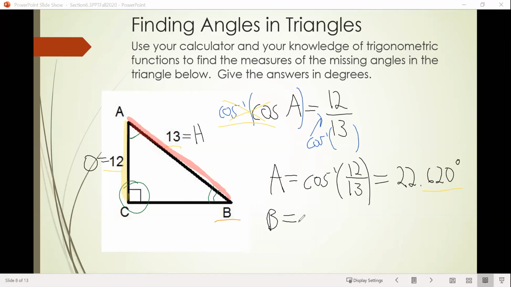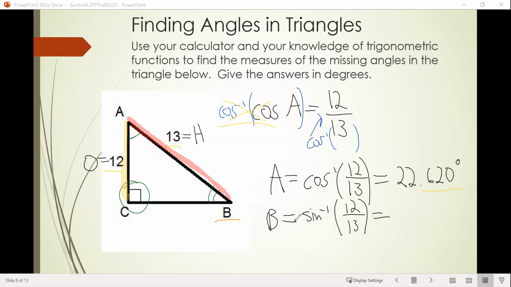Here we have opposite and hypotenuse, which we know relates to sine. So to find the measure of angle B, we can do inverse sine of that ratio, 12 over 13. Again, we'll do that in the calculator.